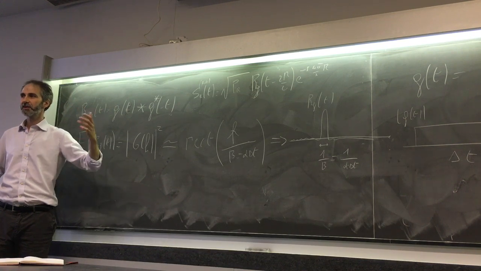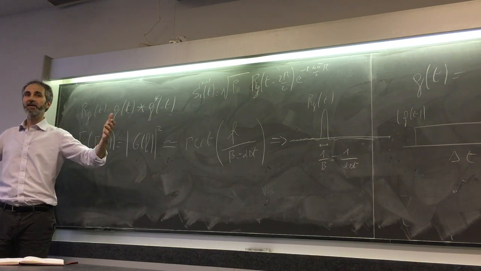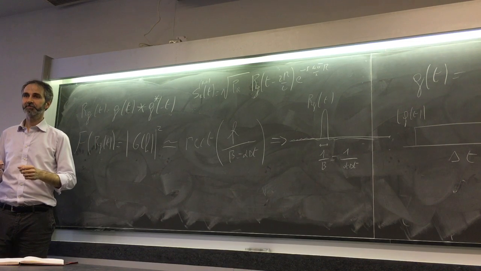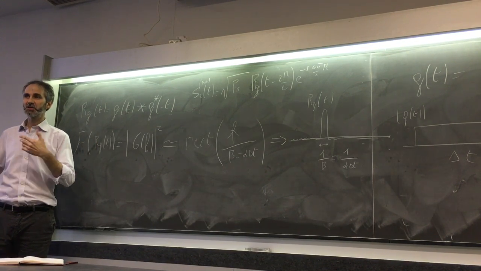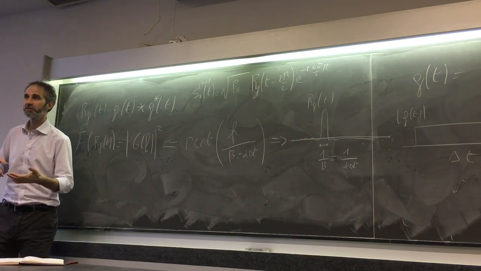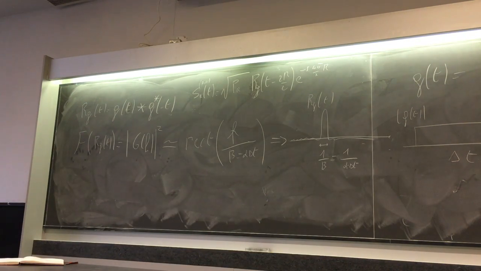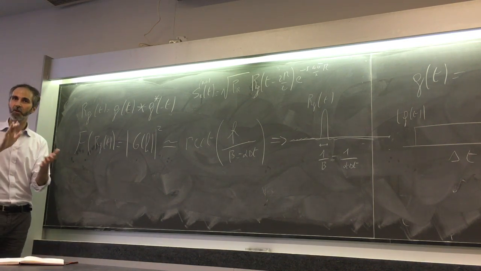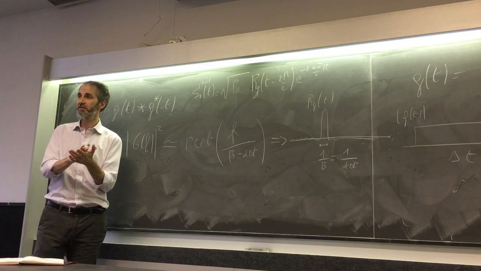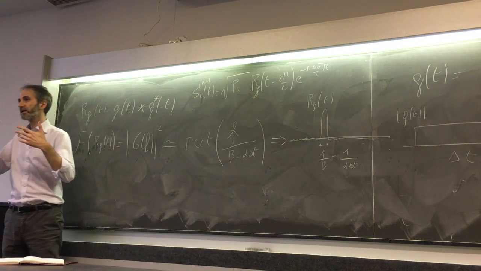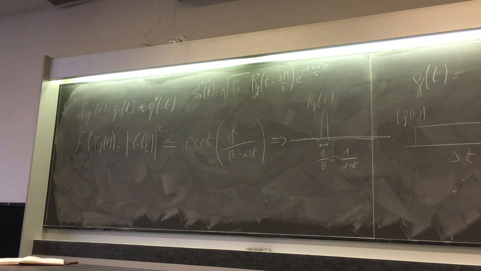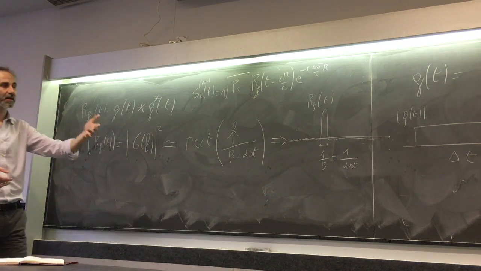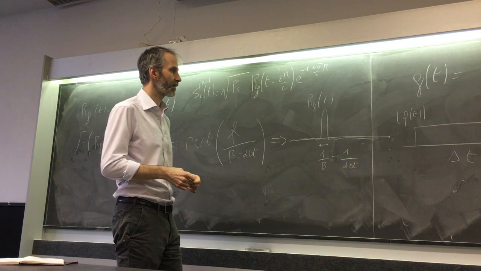The longer the chirp is, the wider the bandwidth is. This is counterintuitive. Usually the longer the signal is in the time domain, the narrower its bandwidth is. So the chirp is a counterexample. The longer it is, the larger the bandwidth.